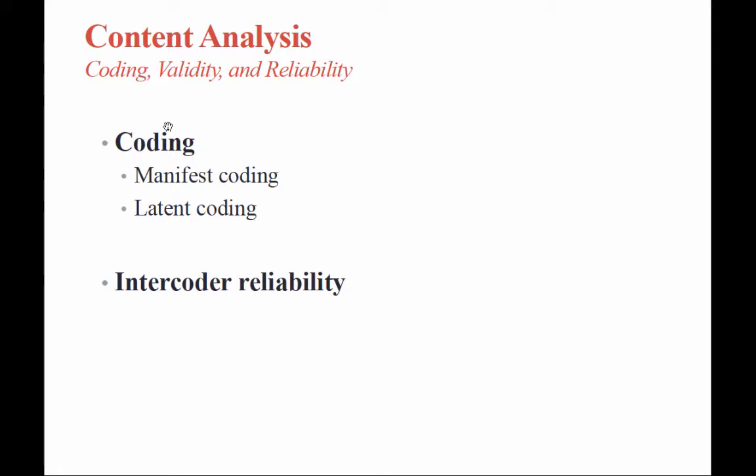And in this coding, being these instructions or rules that I'm looking at, how am I systematically converting the content into quantitative data? As I'm turning the text into quantitative data, I could use either manifest coding or latent coding.